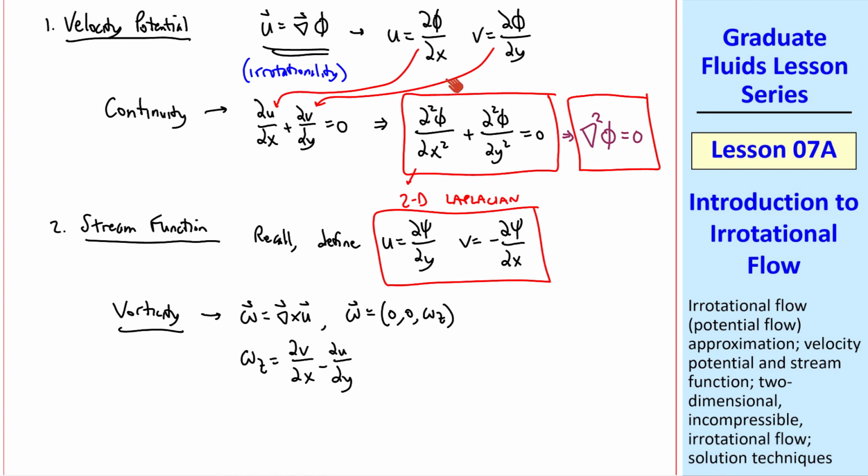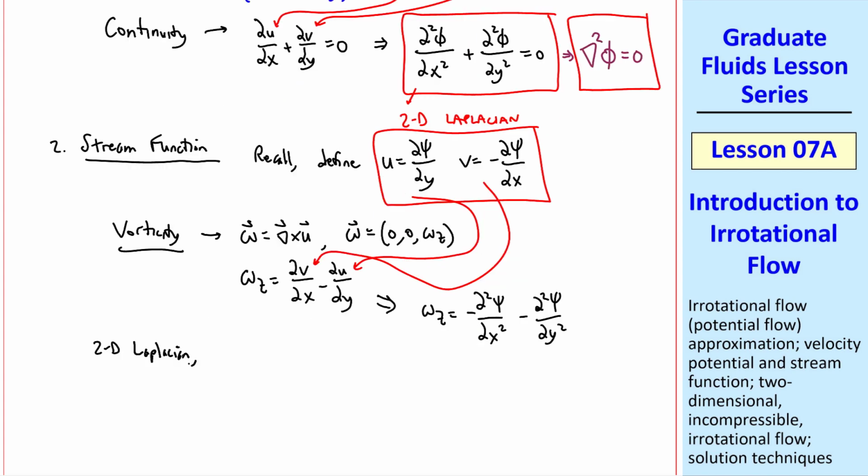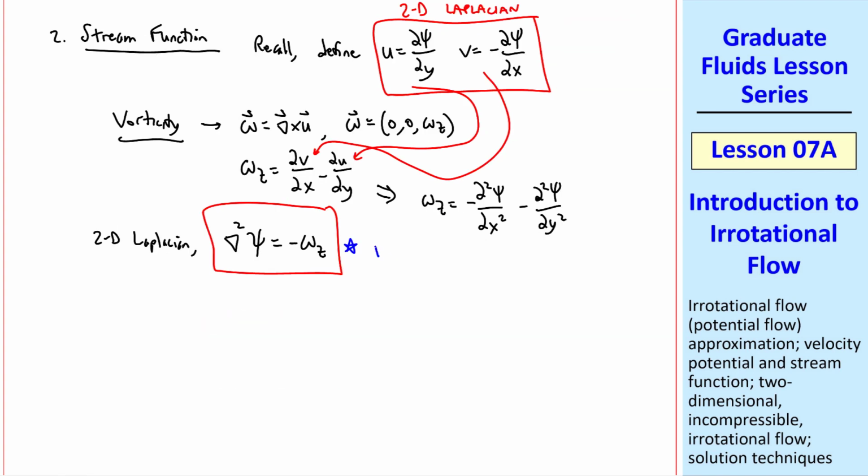Similar to what we did up here, we substitute for u and for v from these expressions. We get omega z is negative del squared psi del x squared minus del squared psi del y squared. Again, recognizing the 2D Laplacian, we see that del squared psi is minus omega z. This equation is valid for 2D incompressible rotational flow.